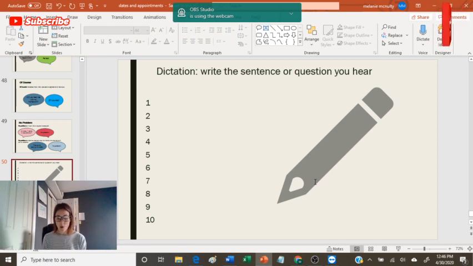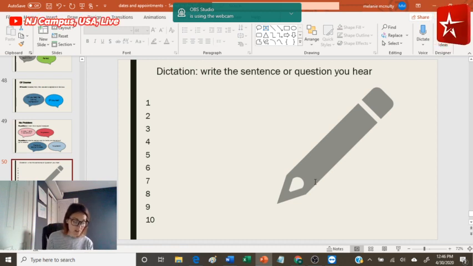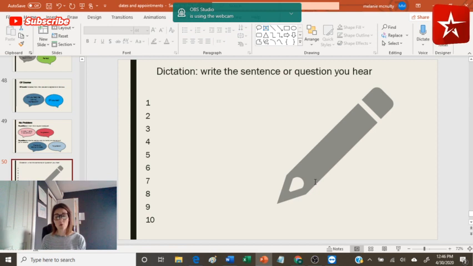And these are going to be all mixed from all the lessons we had today. It's going to be the new vocabulary, some time words, okay? So you can type it into the chat or you can write it down on paper. Okay, so I hope everyone's ready.